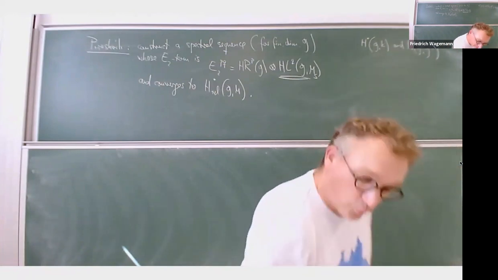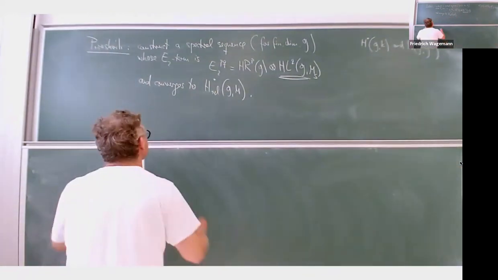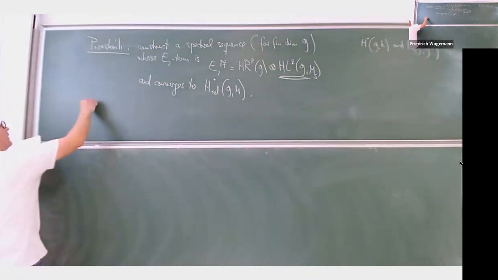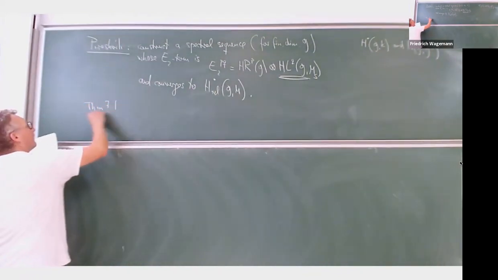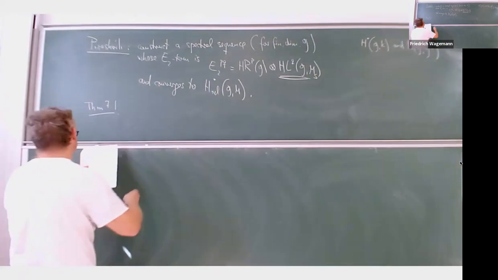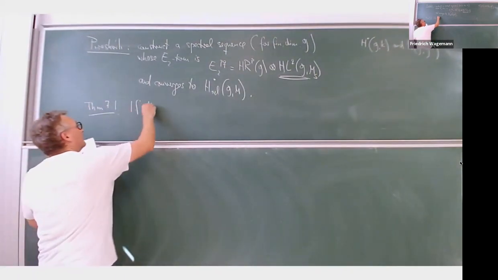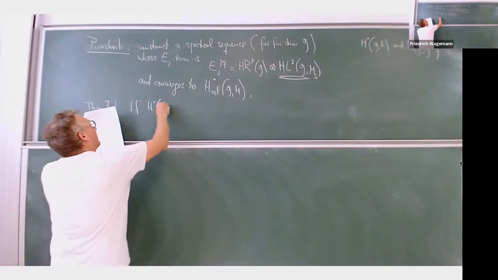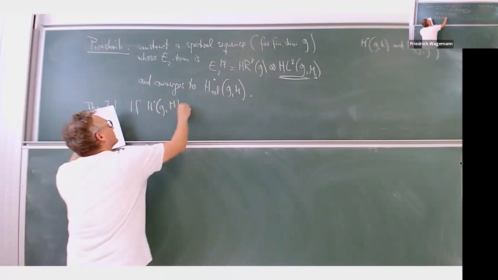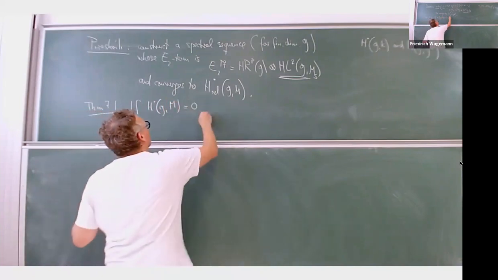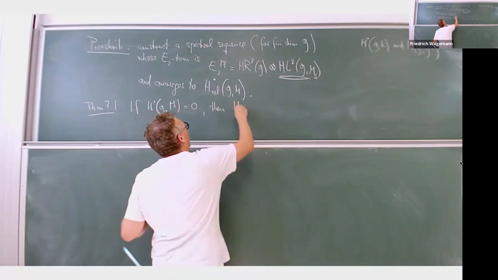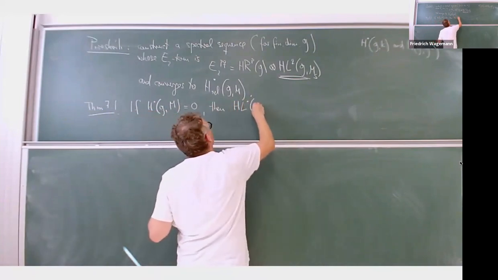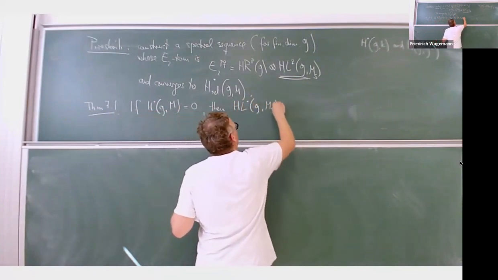And so one cohomology vanishing situation is: if all Chevalley-Eilenberg cohomology is 0, then also all Leibniz cohomology is 0.